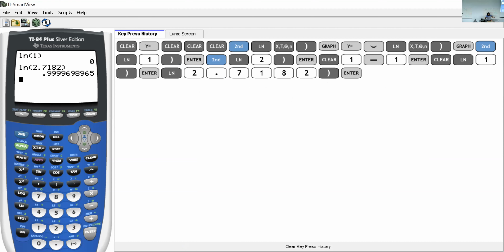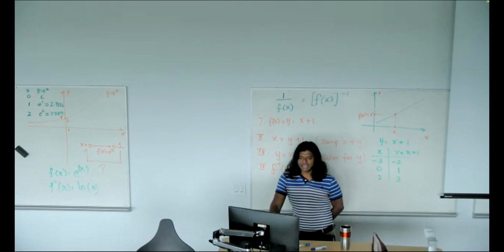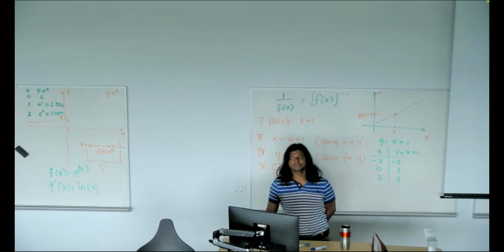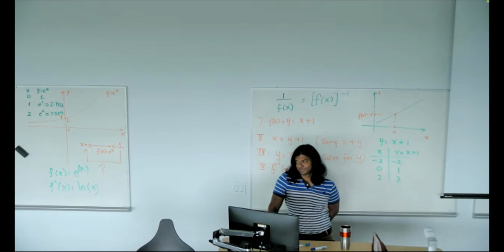Why am I not getting exactly 1? It's decimal rounding. If I plug in 7.389, what should I get? 2. We get 1.9999, which is approximately 2. So is ln of x the inverse of e raised x? It is. Okay. Good place to stop.